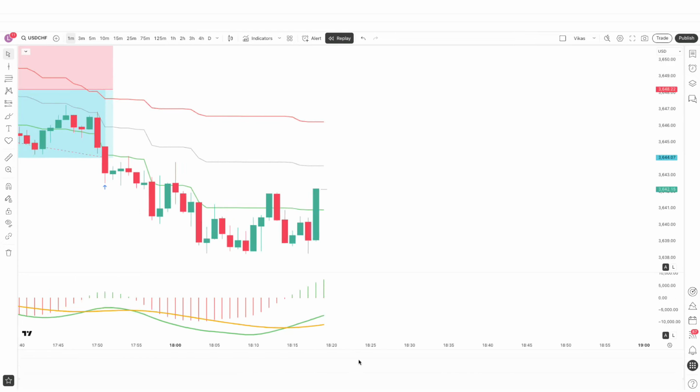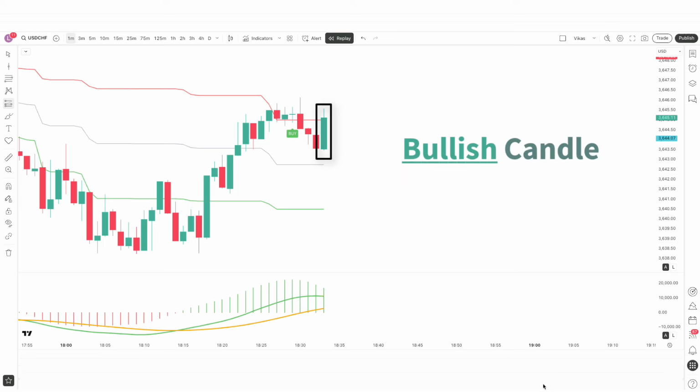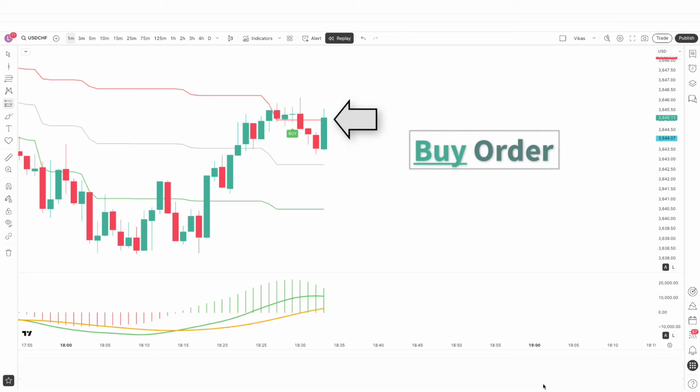Let us now understand the long position. When the Premium Discount Zones indicator gives us a buy signal, the green line of New MACD should be above the orange line, and the market forms a bullish candle. If this condition is fulfilled, then we will place a buy order.